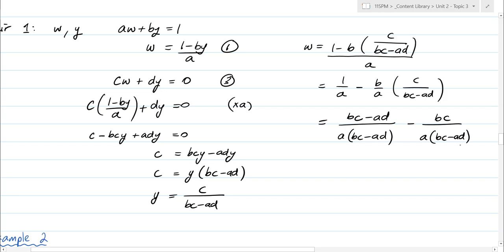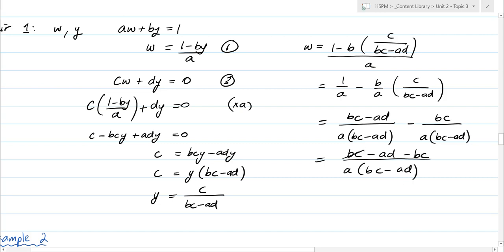So what I've done here is I've just taken that first fraction. I want to bring the fractions together. So it's already got an A, but it doesn't have this factor. So I've multiplied by this factor, and I multiplied the top by that factor as well. This I've left the same, I've just combined it together. So now I've got the same denominator, and I get BC minus AD minus BC all over A times BC minus AD.